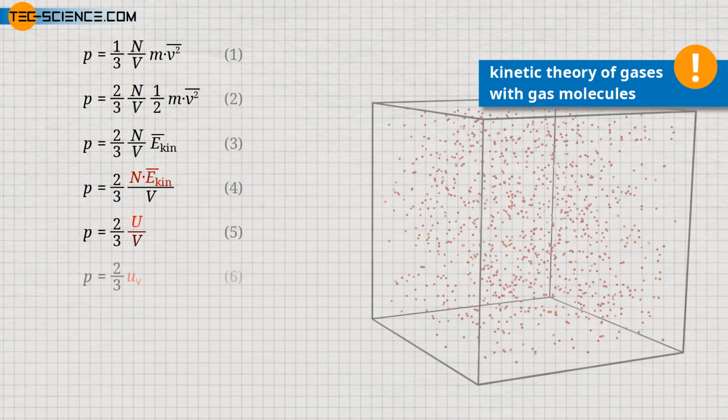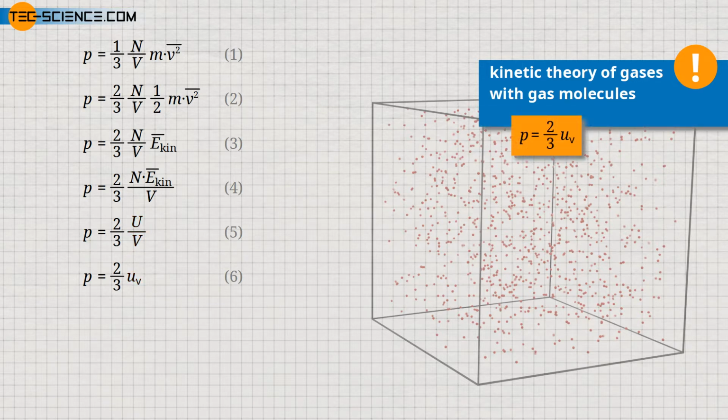So the ratio of internal energy and volume corresponds to the energy density of the gas. The energy density is the internal energy of a gas per unit volume. To avoid misunderstandings with the specific internal energy u as a mass-related quantity, the letter V is added in the index. So we see that the pressure of an ideal gas is directly related to the energy density.